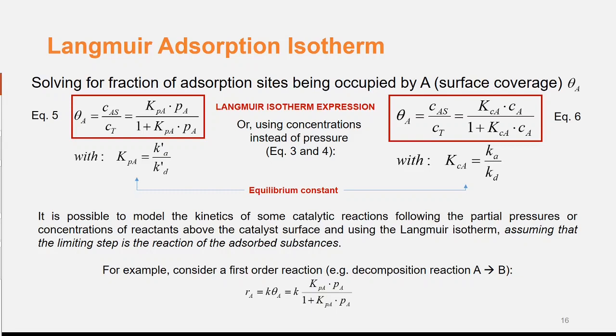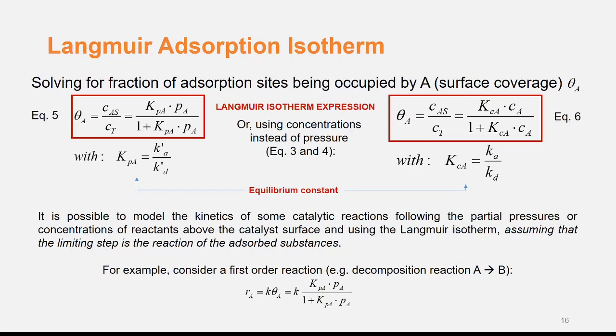We will talk about the Langmuir-Hinshelwood mechanism in detail shortly. However, if you have a unimolecular reaction, such as a decomposition reaction, where A goes to B, you can use the Langmuir isotherm to get the concentrations to use in the rate expression.